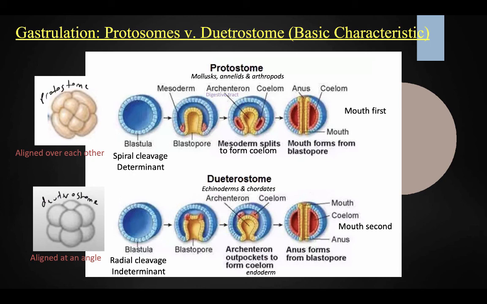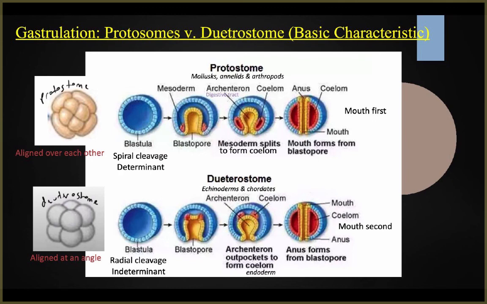So during the process of gastrulation, we're going to look at making the digestive system, i.e., are we making the mouth first or are we making the mouth second? And this is a basic characteristic. So it's either a protostome or a deuterostome. If you look at the protostome, you'll have them where they are aligned basically over each other.